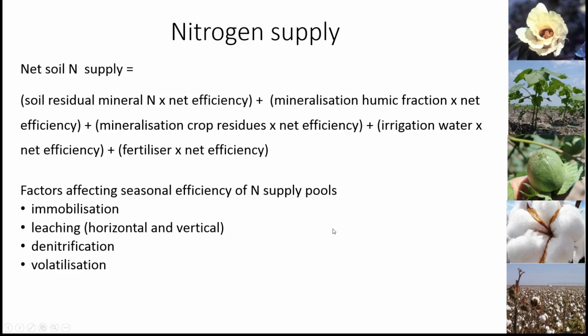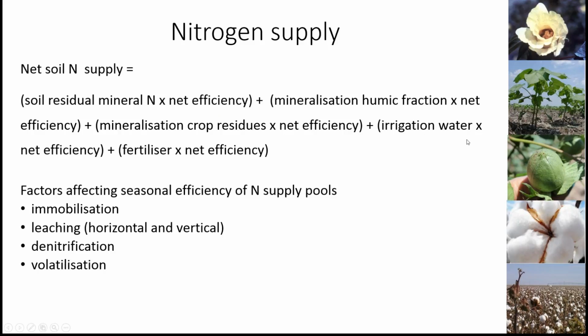But the things that affect these net efficiencies, because each of the pools that we get nitrogen from has a different efficiency factor. So the humic fraction, the things that release slowly in crop, like that humic fraction breakdown and residue breakdown, have a higher efficiency than the soil residual mineral nitrogen and the fertiliser nitrogen.